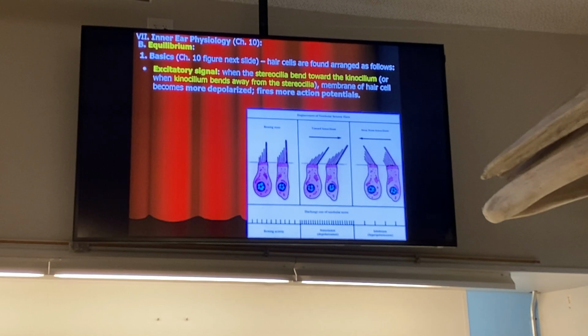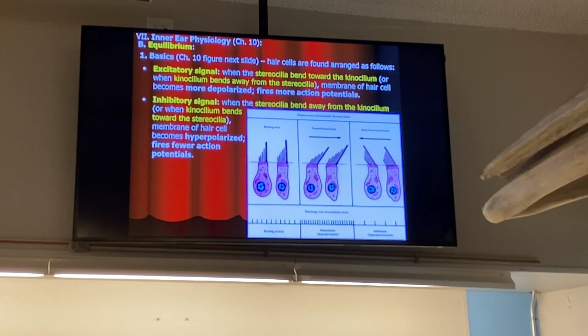Now what happens when you bend it? If you bend the shorter stereocilia toward the big club, or bend the big club away from the stereocilia, meaning this direction, it depolarizes and you alter the action potential firing rate. It fires faster because it's depolarized. Bend it the opposite way.